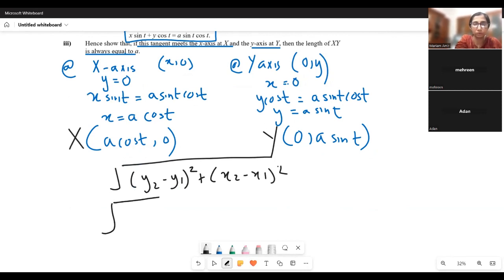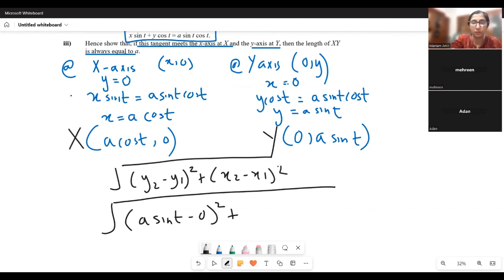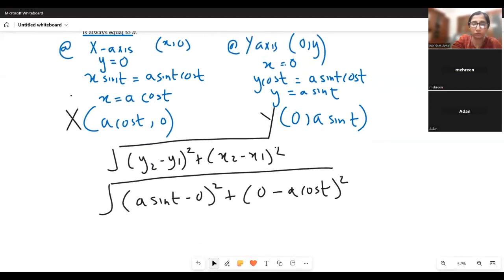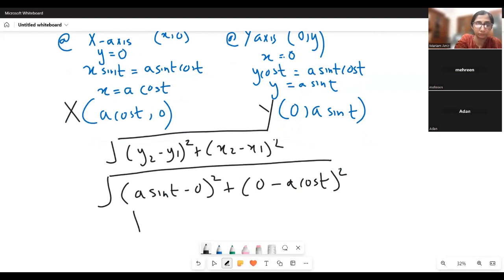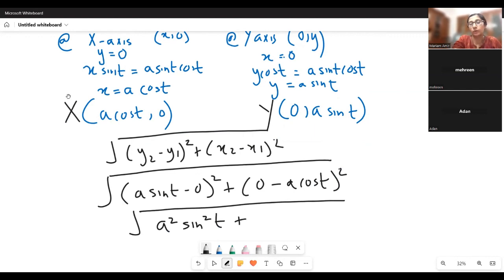So square root a sine t minus 0 whole square plus 0 minus a cos t whole square. The 0 will be ignored; whether it's subtract or add, it doesn't make any difference. So it's square root a square sine square t plus, when you square a negative value, negative a cos t, it becomes a positive value, so plus a square cos square t.